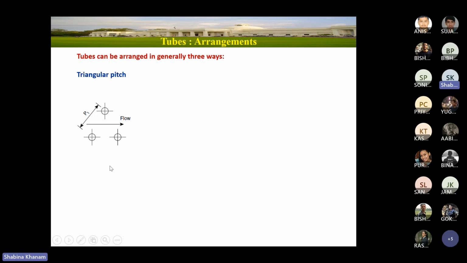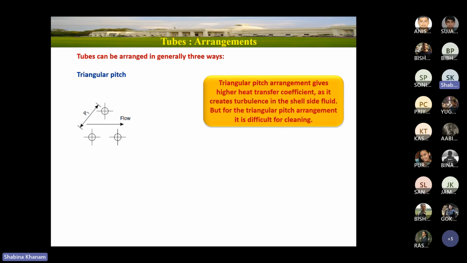So it will create disturbance in the flow of fluid in the shell side. This triangular pitch arrangement usually gives a high heat transfer coefficient, because the disturbance in the fluid gives turbulence, and because of that turbulence we can have a high heat transfer coefficient.